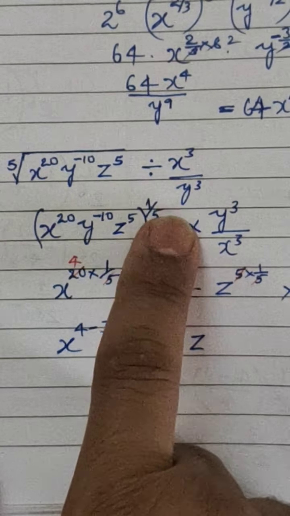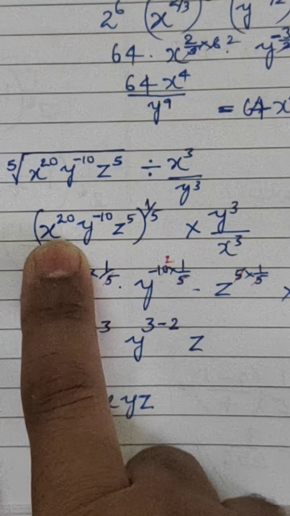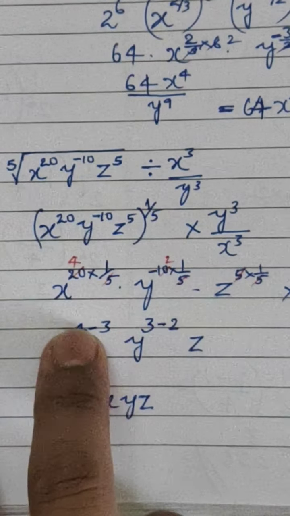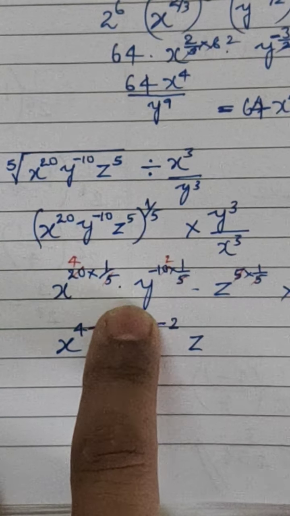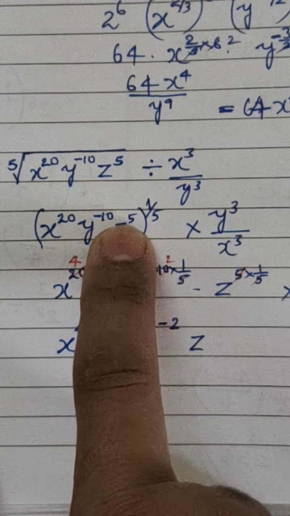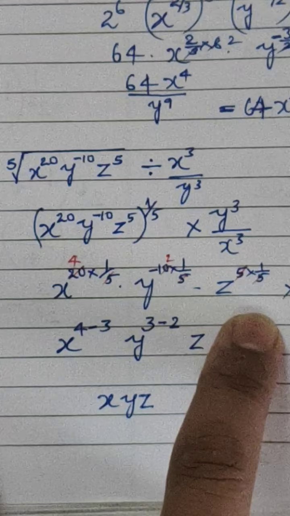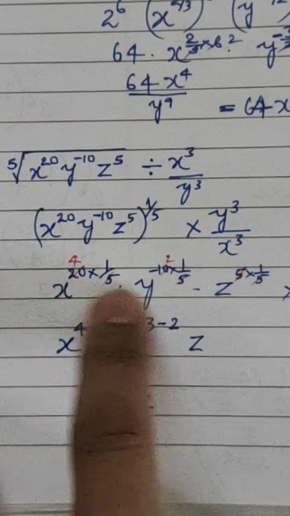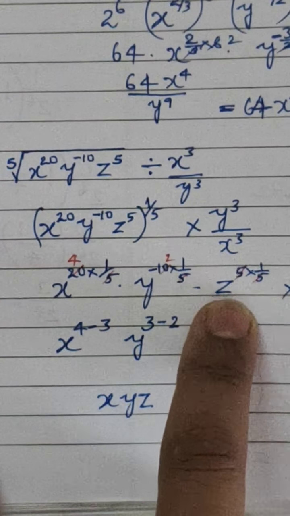So we are bringing this power inside the bracket using the formula a to the power of m whole to the power of n will become a to the power of mn. Here x to the power of 20 into 1 by 5, into y to the power of minus 10 into 1 by 5, into z to the power of 5 into 1 by 5, into y cube by x cube. So 5 4s are 20, 5 2s are 10, 5 1s are 5, they get cancelled.